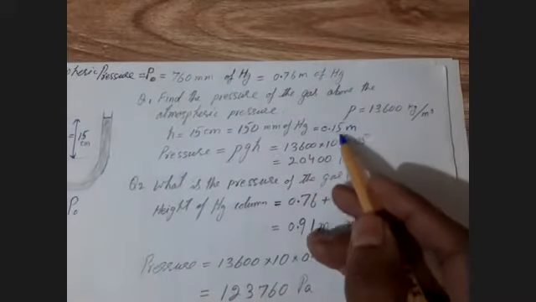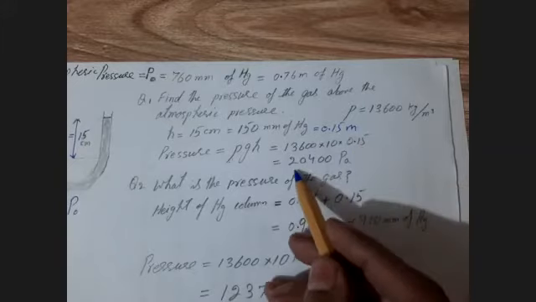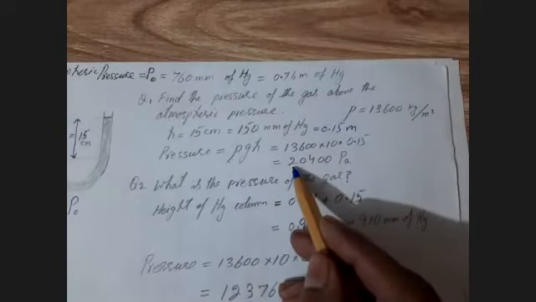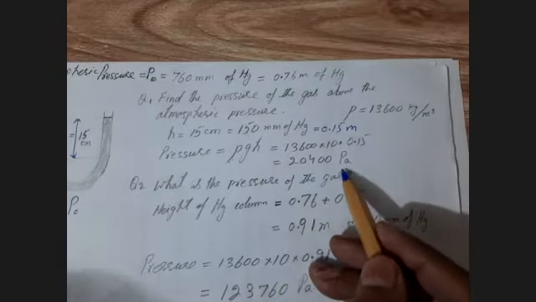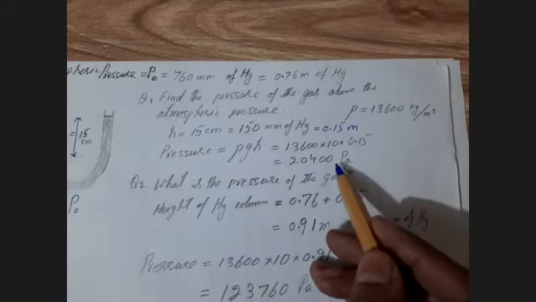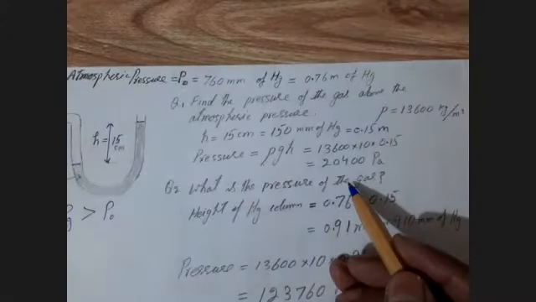After converting this height into meters, we multiply all these three quantities. So you will get that the pressure above the atmospheric pressure is 20,400 pascals. This is the case if I am going to find out the pressure above the atmospheric pressure.